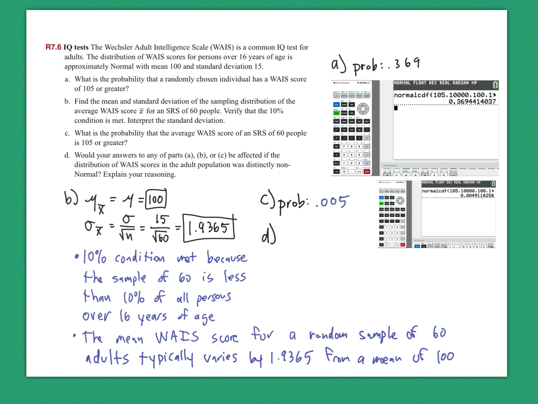So when we use normal CDF to find this probability, we would get the same probability no matter what the shape of the population was. Okay, I'm not going to write that. There's not that much room.